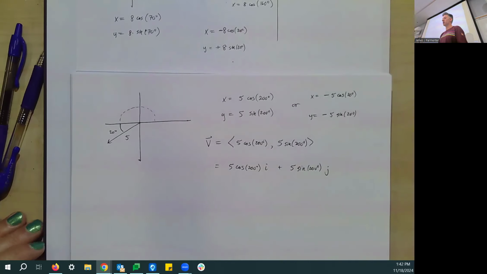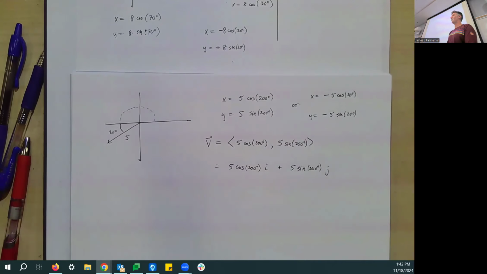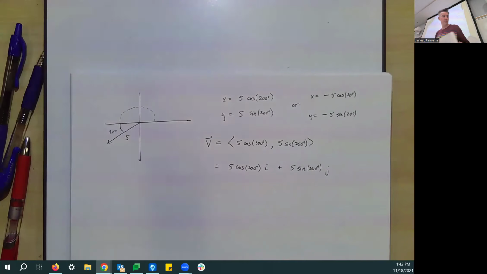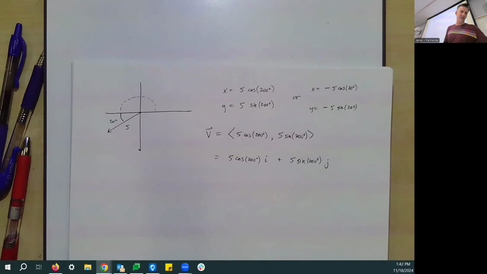Both of those would be totally acceptable, unless your teacher says they're not. These are all acceptable in the wide world of maths, unless your teacher says they want you to do it this way or that way. So make sure you're doing it the way your teacher said you should. Hopefully they're not too picky, because there's lots of ways of writing vectors.